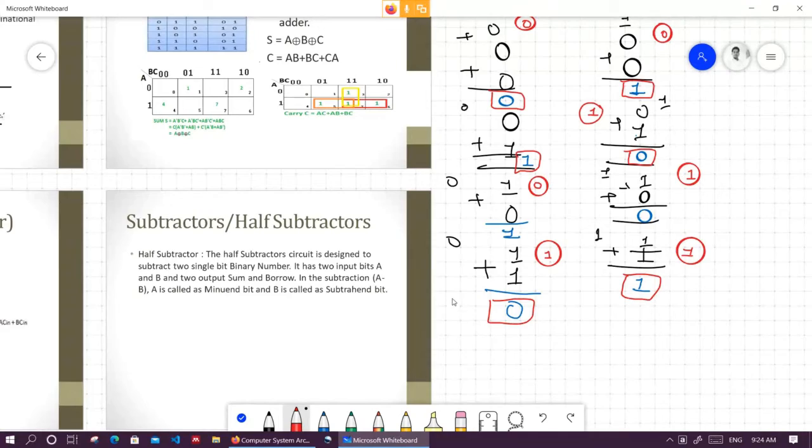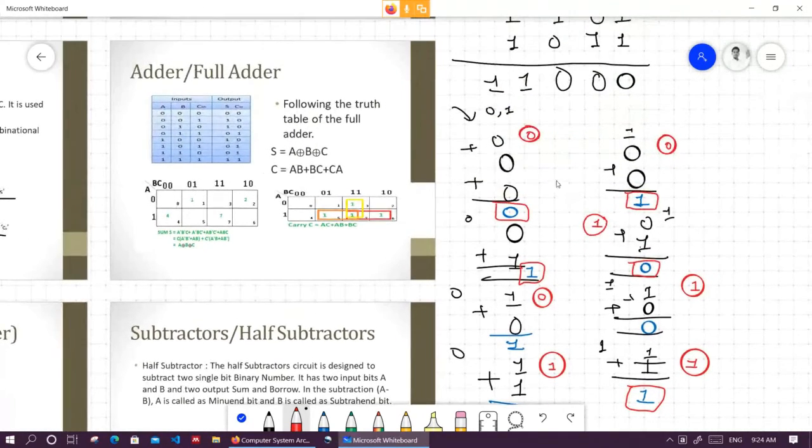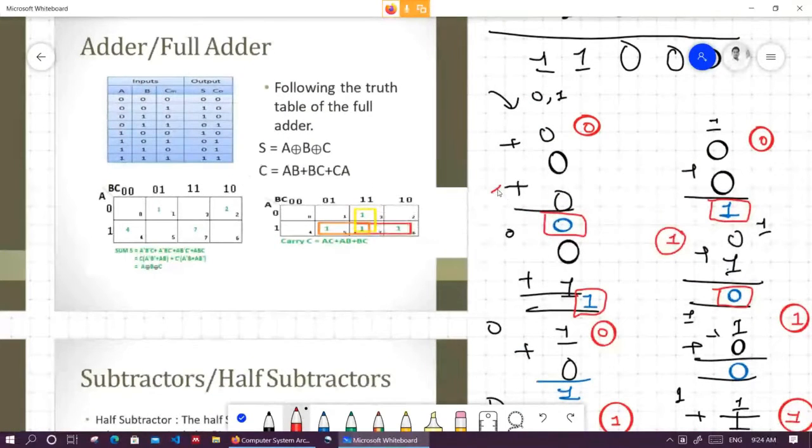Now let's see the table, to check whether we have got the sum correctly or not. So if you go through it, 0 0 0, so sum will be 0 and carry will be 0, so output sum is 0 and carry out is 0.